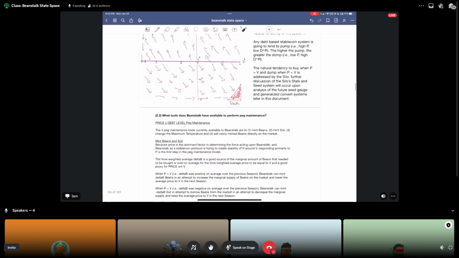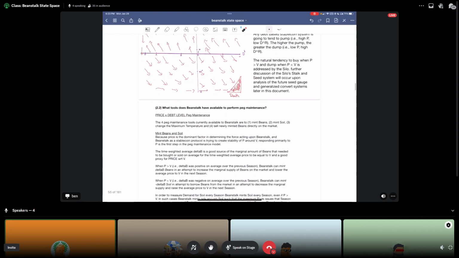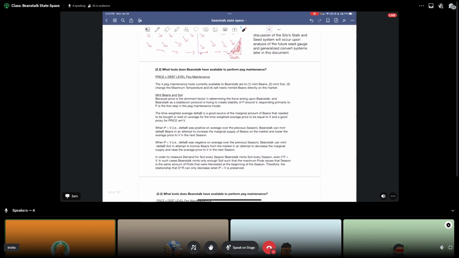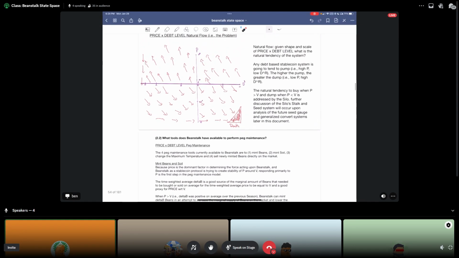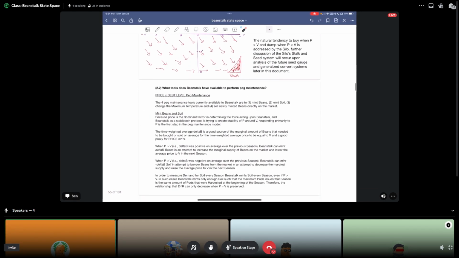Now, what can Beanstalk actually do within this space? Well, it can mint beans, it can mint soil, and it can change the temperature. And because price is the most important thing for the peg maintenance model, minting beans and minting soil is currently independent of the debt level.